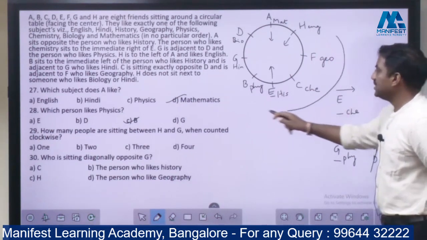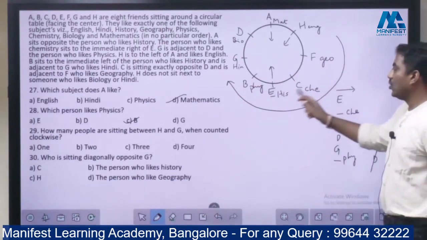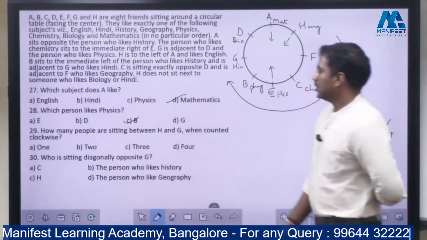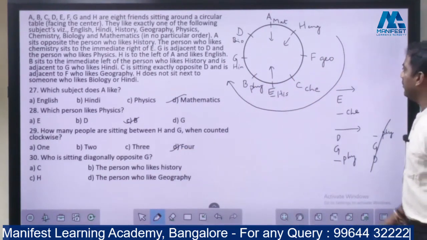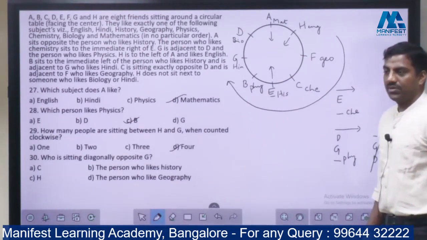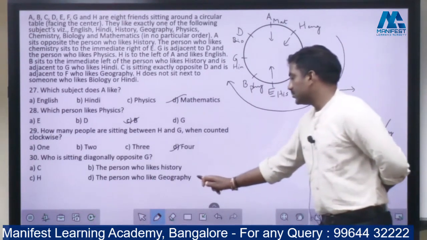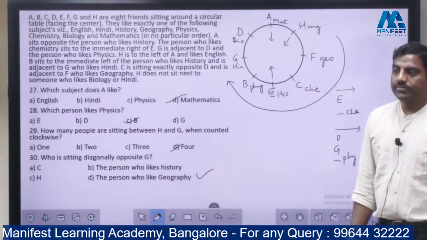Clockwise is this. How many persons? 1, 2, 3, 4. Who is sitting diagonally opposite of G? F, the person who likes geography. Yes, done. All questions are done.